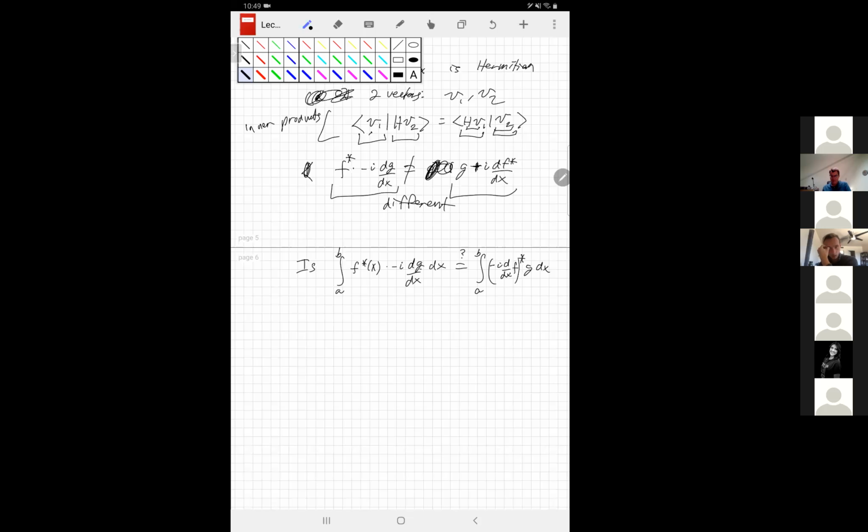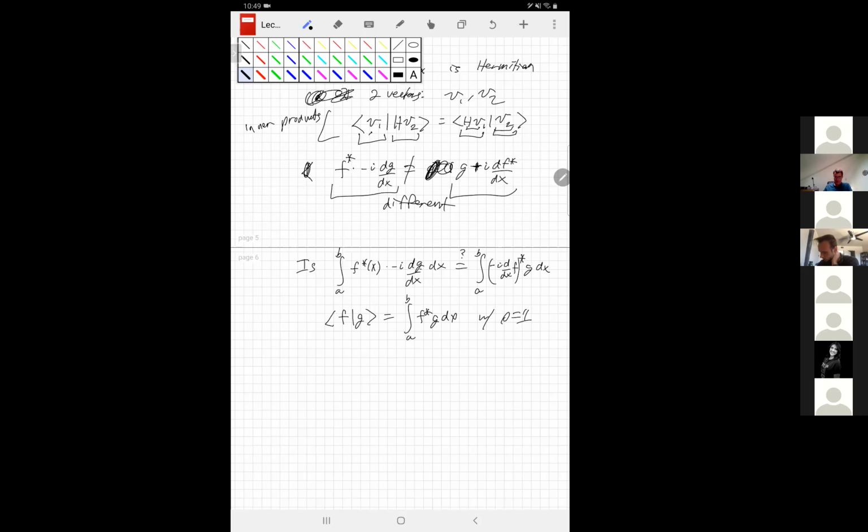Okay, now let's talk about why we did the complex conjugates the way that we did. The inner product of f and g is the integral of f star g dx, with rho equals 1.